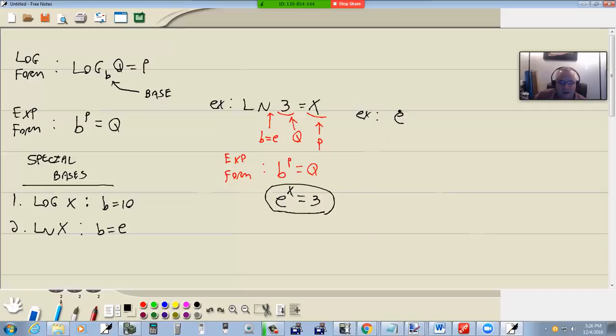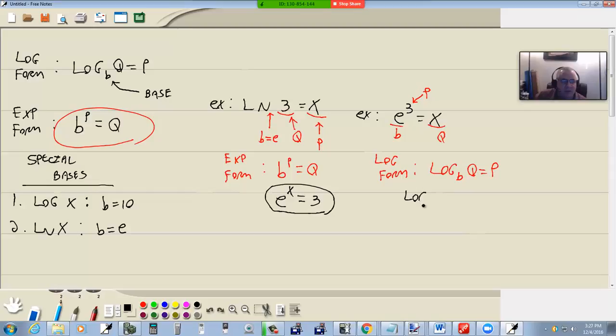If you had something in exponential form, you want to rewrite it in log form, well, same idea. It matches this exponential form here, so we're going to identify our b, p, and q. Our power is going to be our p. What's left of it is our b, and the other side is our q. And our log form says we're going to have log base b of q is equal to p.